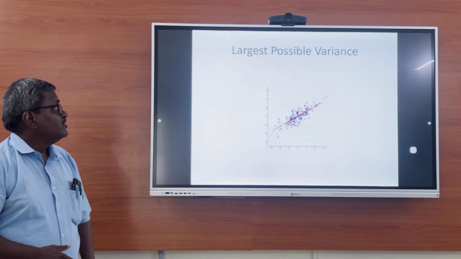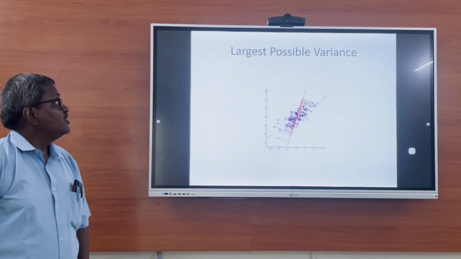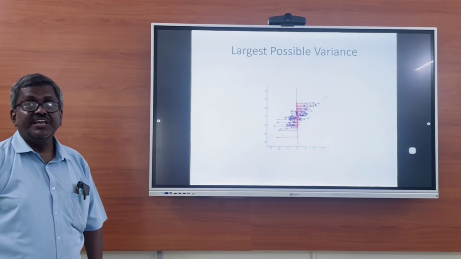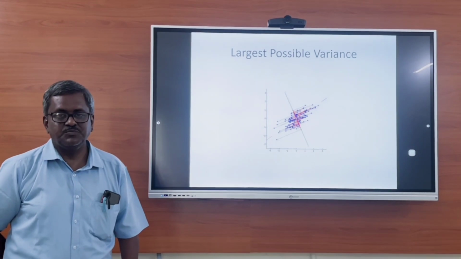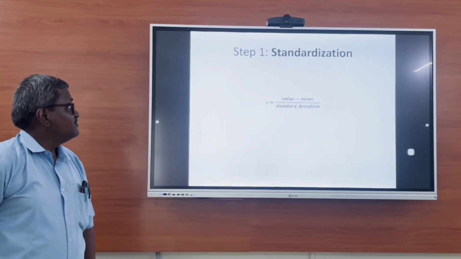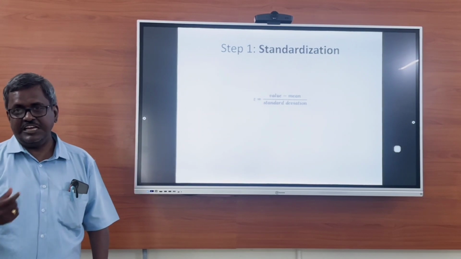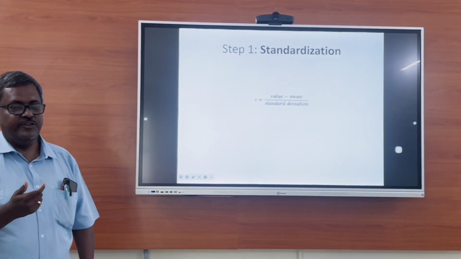So here, when we want to do the standardization, we want the largest possible variance. For that, this is the formula. Z equal to value minus mean divided by standard deviation. Value is the value of the attribute.